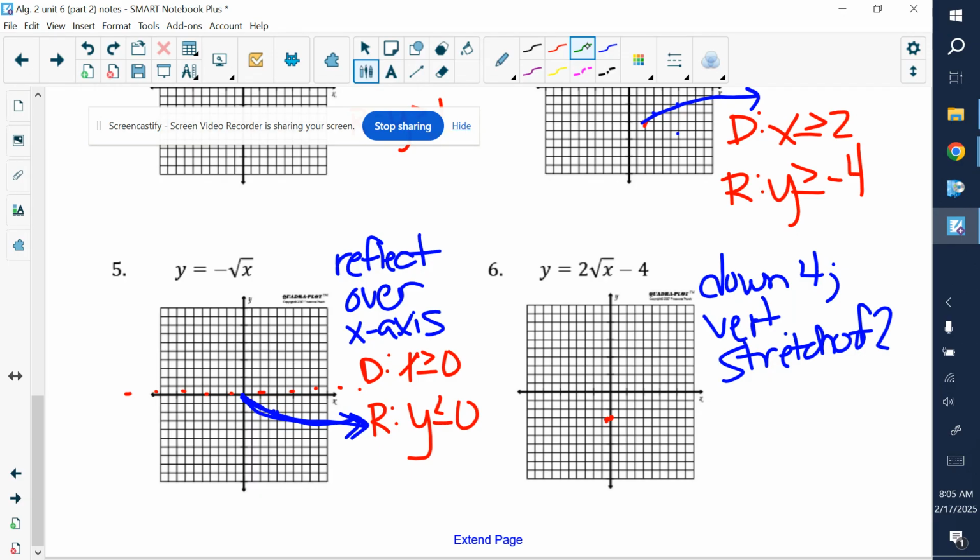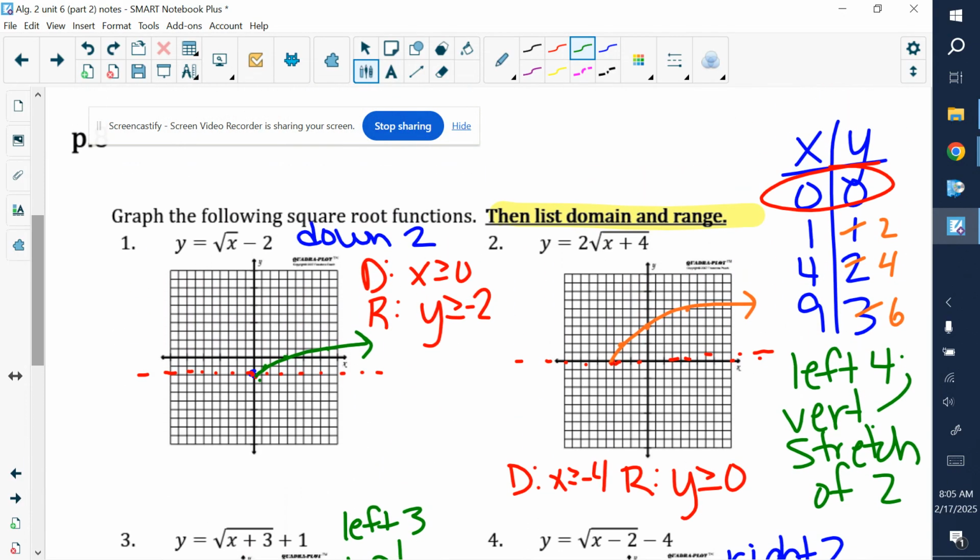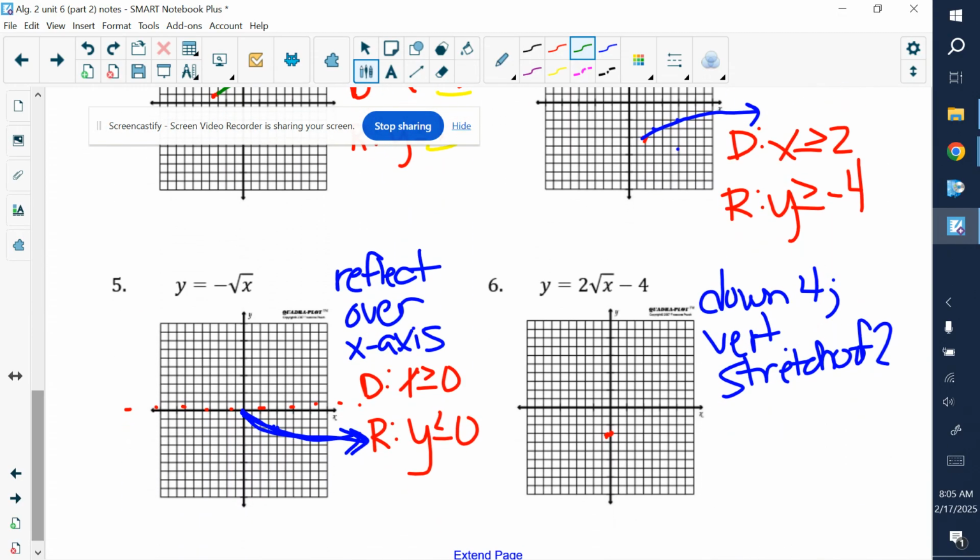And a stretch of 2, I'm going to use that table of values again, that 2, 4, 6. So over 1, up 2. Over 4, up 4. Over 9, up 6.